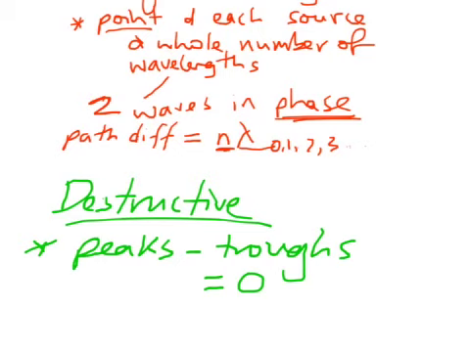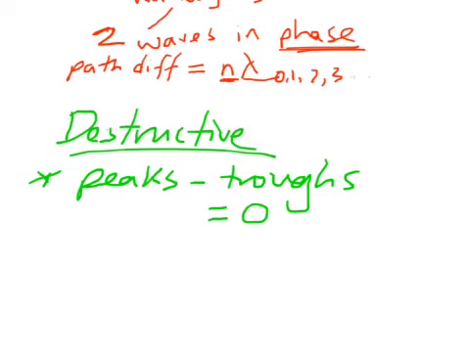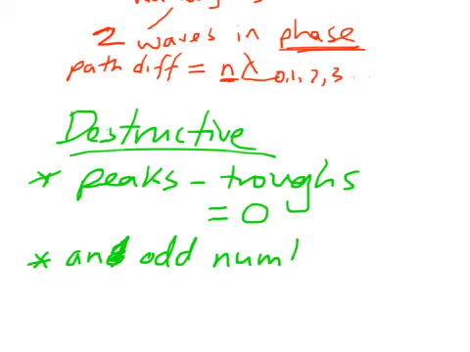So the amplitude is the smallest amplitude, and we would say, in a slightly technical way, an odd number of half wavelength path difference.